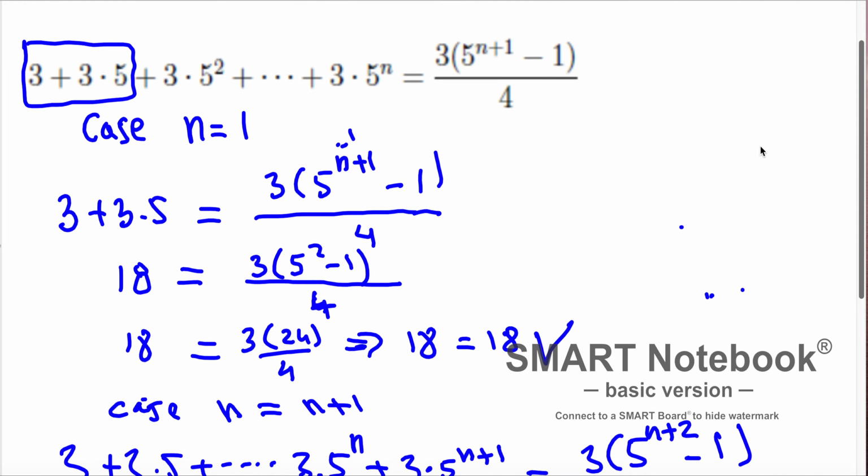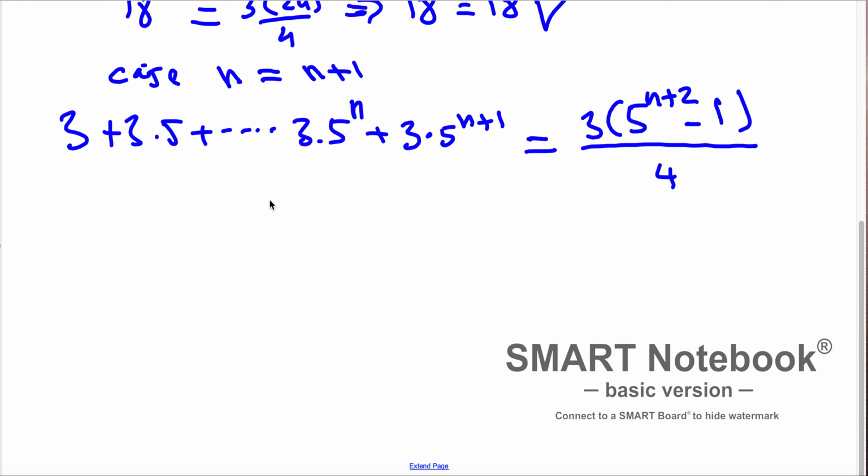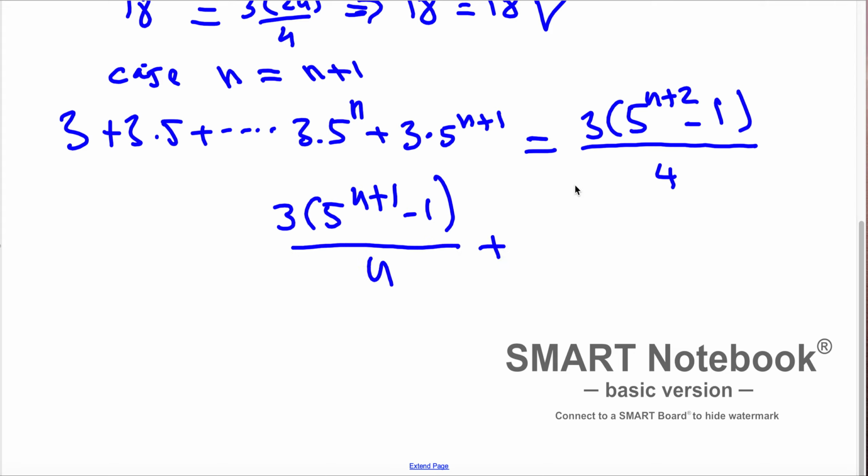And now let me take just this side here. I'm taking just this side to prove it. If I am adding 3 times 5^(n+1), so 3 times (5^(n+1) - 1) divided by 4 plus 3 times 5^(n+1), I want to see whether this equation holds.